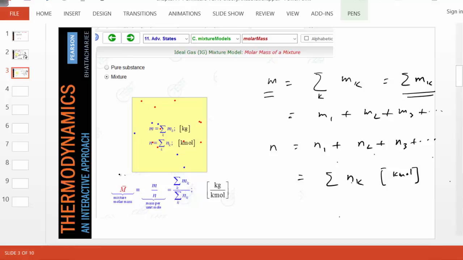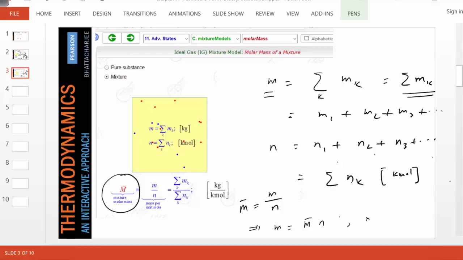Therefore, we can define the molar mass of a mixture. What does that mean? It's kind of like an average molar mass. It is the mass divided by kilomole. So this becomes a universal formula for us, that molar mass is M by N. So you can just turn it around and convert, say, mass to mole or mole to mass. So in a mixture, if we know the mass, we can go back and forth.